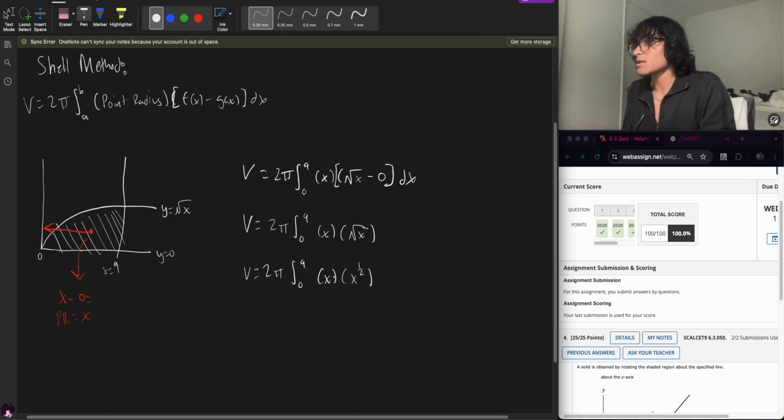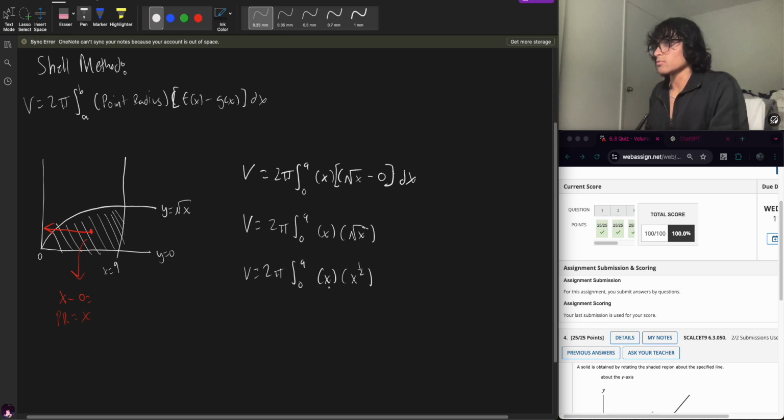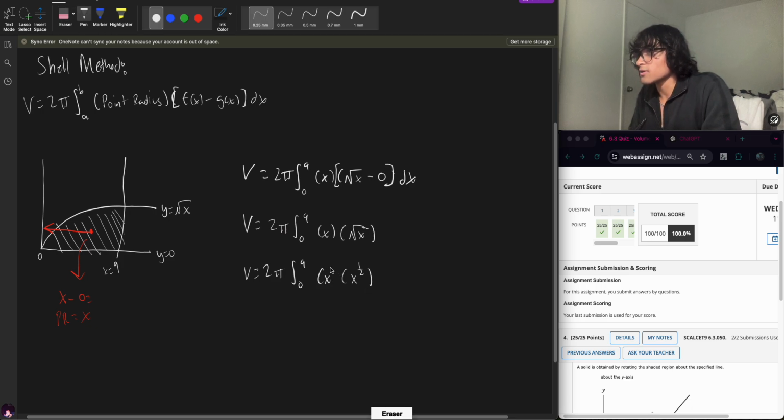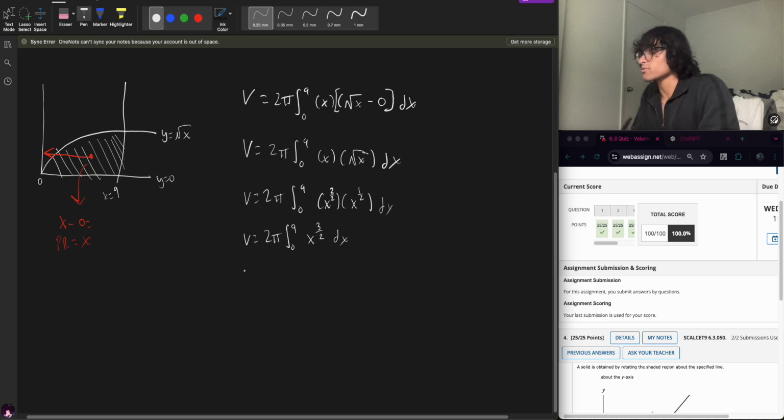If you know anything about multiplying exponents, you know that they just get added. Think of this x as being 2 over 2. So finally, we'll have 2 pi, bounds of 0 to 9, x to the 3 over 2, with respect to dx.